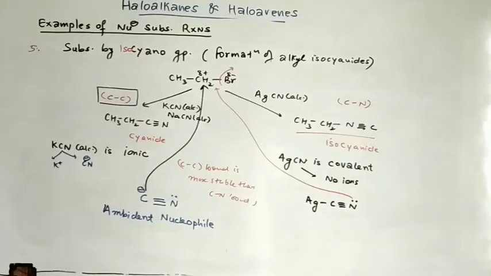But AgCN is covalent, no ions are formed, so only the nitrogen lone pair can attack on the alkyl halide. When an ambident nucleophile is there, it attacks preferably through carbon because the carbon-carbon bond is more stable than the carbon-nitrogen bond. Okay.